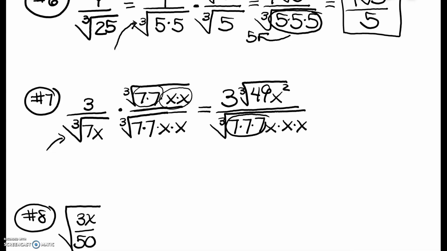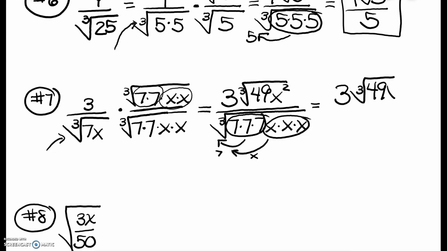So I have a group of 3 7's and a group of 3 x's. So both groups get to come out because they are completed. And I have 3 cube root of 49x squared all over 7x.